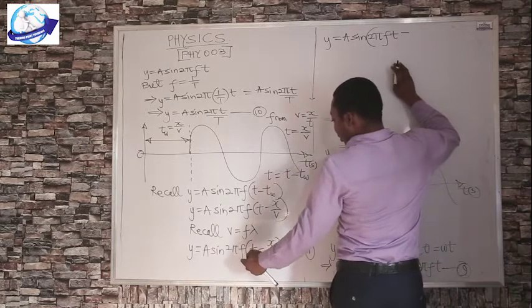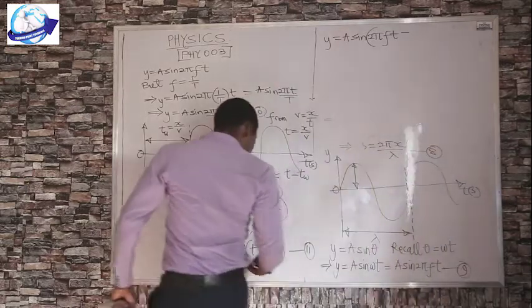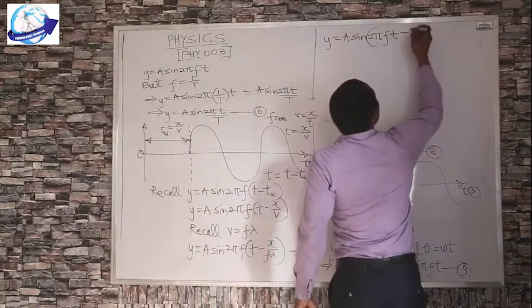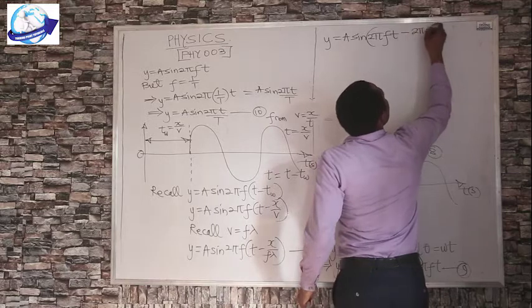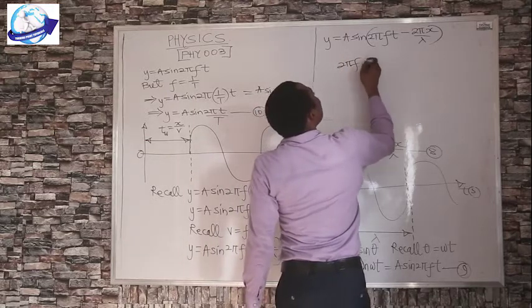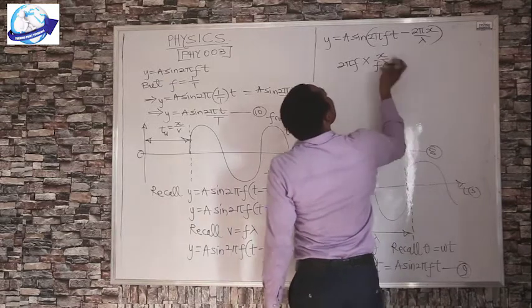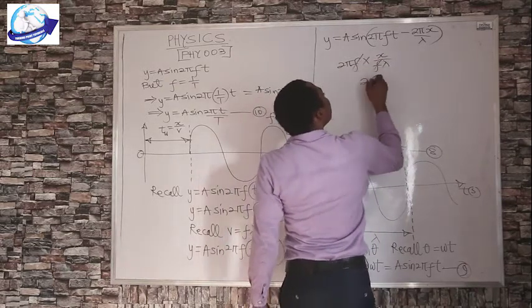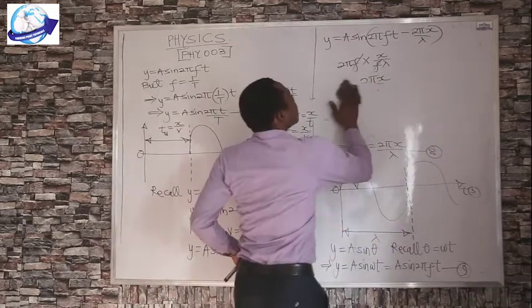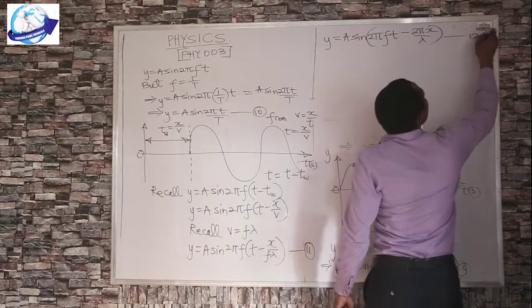That will give me 2 pi f times x over f lambda, so we have 2 pi x all over lambda. How do you know? Because when you check very well, 2 pi f times x over f lambda, when you work it out, the f cancels out, and then you have 2 pi x over lambda. But right here, let's just make progress to the next stage. This is another wave equation, equation 12.